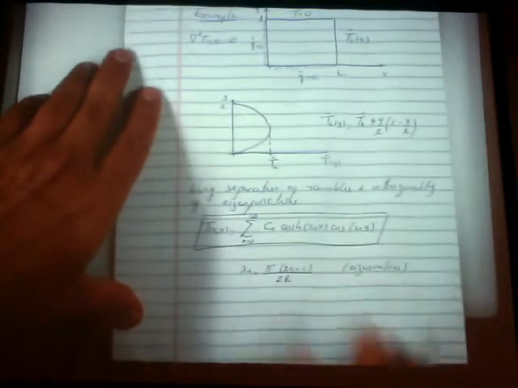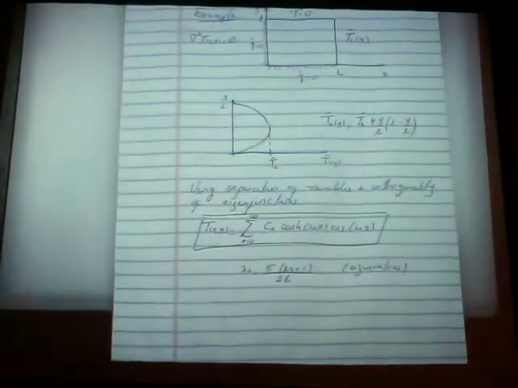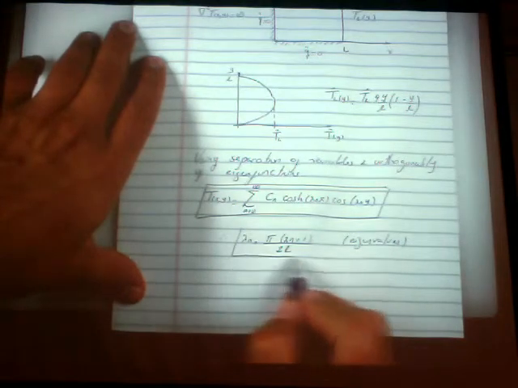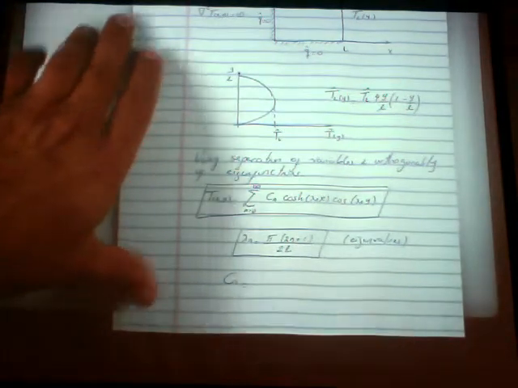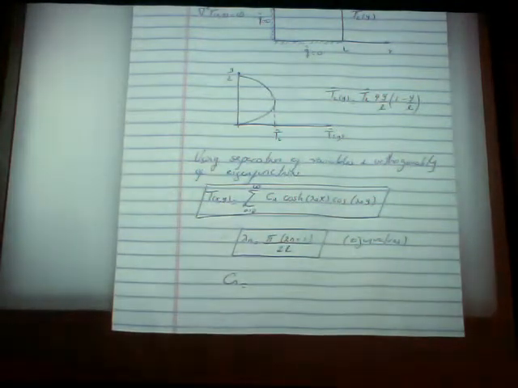And Cn is equal to, using orthogonality, if you remember these from math, you need to integrate the boundary condition with the eigenfunction.